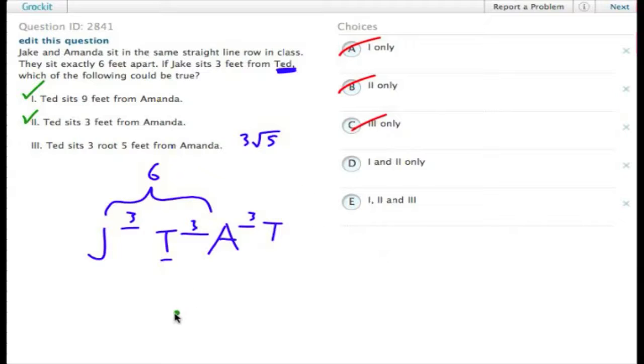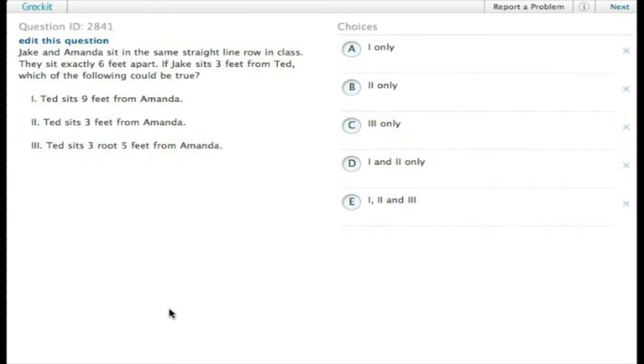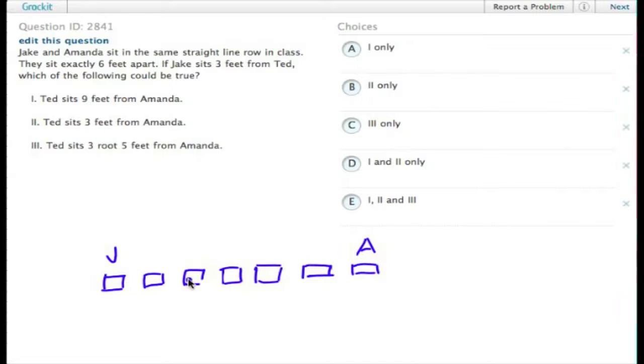So let's just say that we have these seats here. There's Jake, and then let's say every seat is a foot. So 1, 2, 3, 4, 5, 6. There's Amanda. It specifies that Jake and Amanda are on the same straight line in class, you know, in these desks.